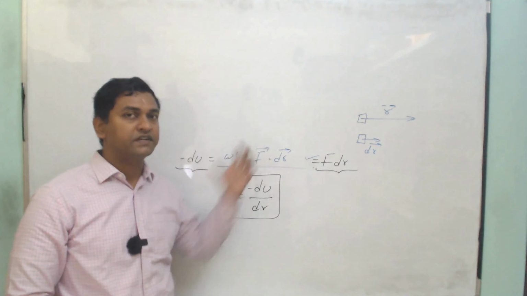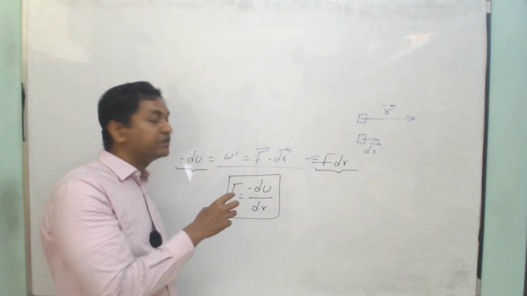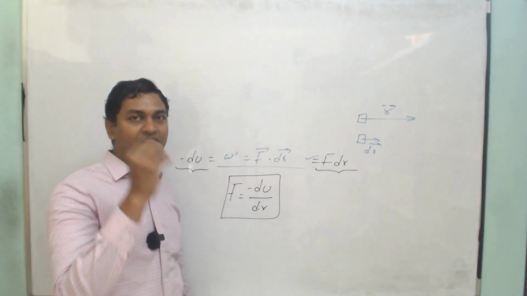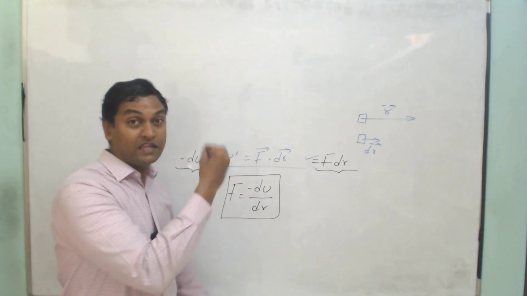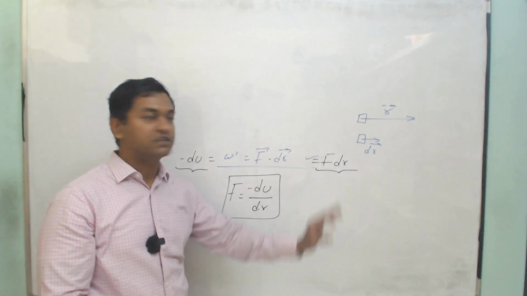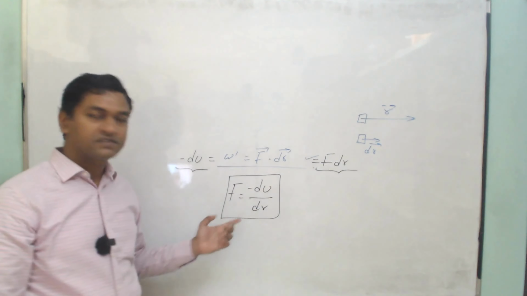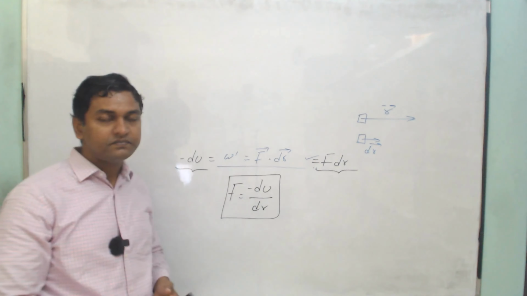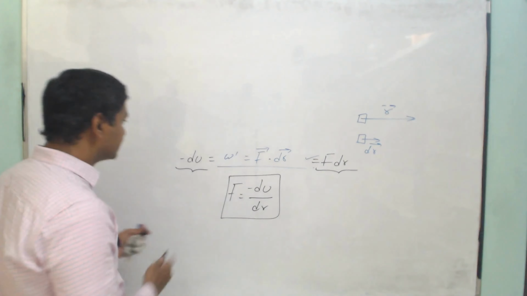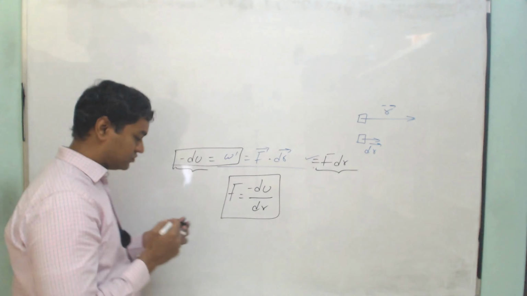Now, if you look at this entire story, we haven't mentioned any property or anything about anything. There is force, there is displacement. That's all that we mentioned. And we wrote this. And another thing is work done is equal to minus of du.